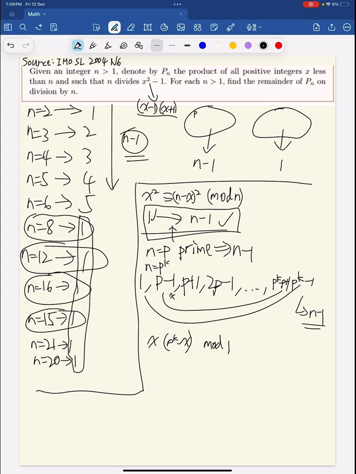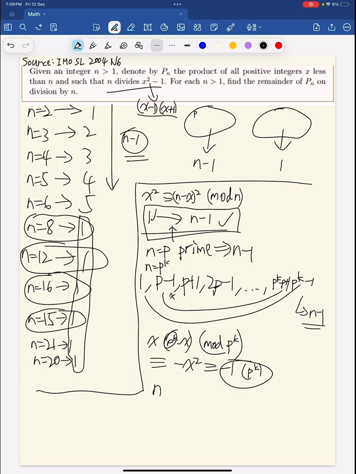So basically mod p to the k, this is equivalent to the p to the k being gone, so negative x squared mod p to the k. But then by this, we have x squared is 1 mod p to the k, which means this is negative 1 mod p to the k. Hey, we can use this.